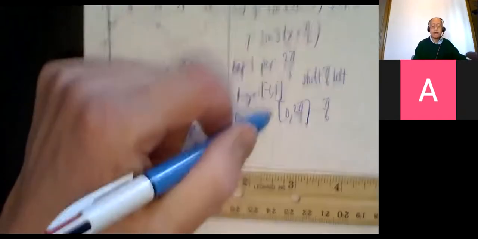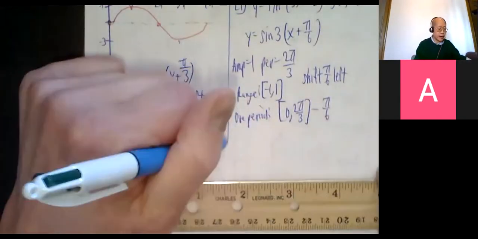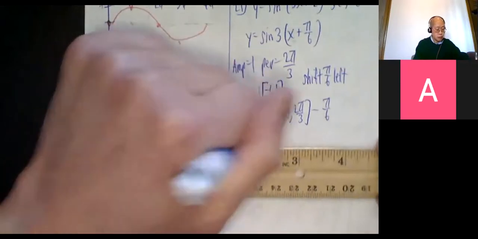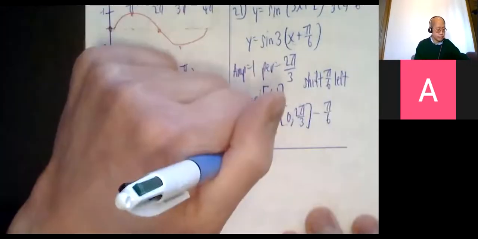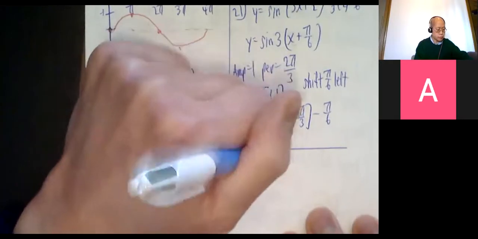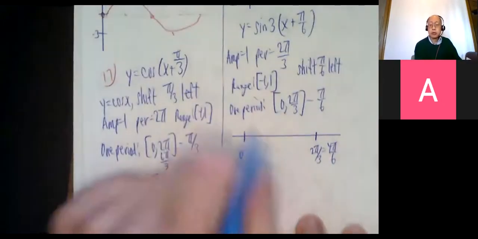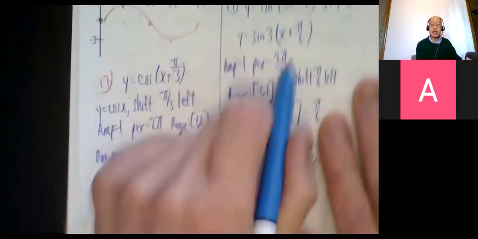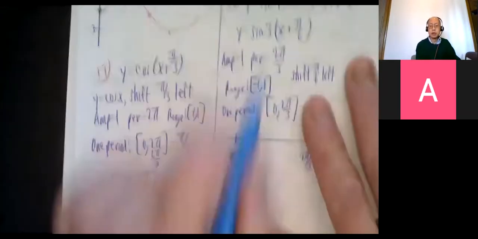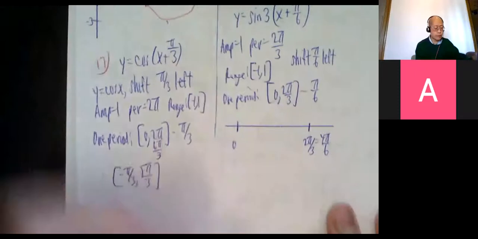Okay, how do I do that? Fortunately, in this case, it's actually not that bad. I think I'll show you why. One period, if I didn't have the horizontal shift, I go from 0 to 2 pi over 3.